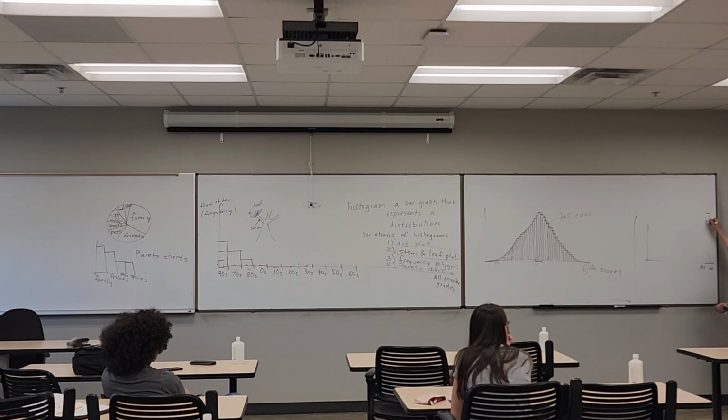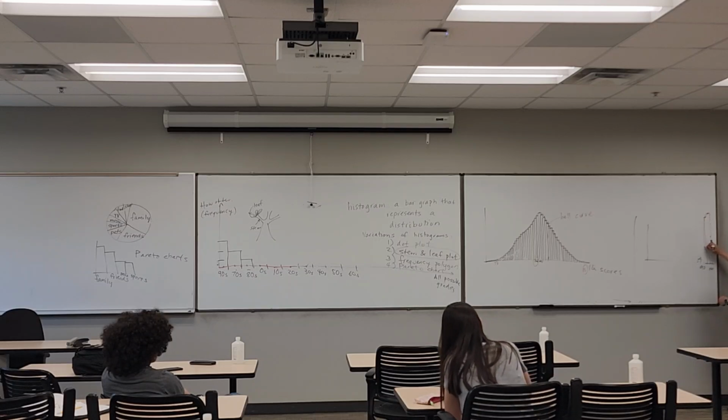A lot of people would get 90 and 100. 80s, maybe there's a few people who get 80s, and then the low grades, nobody gets those grades because the test is so easy. So if you connected this with a smooth curve, you might see something that looks like this.